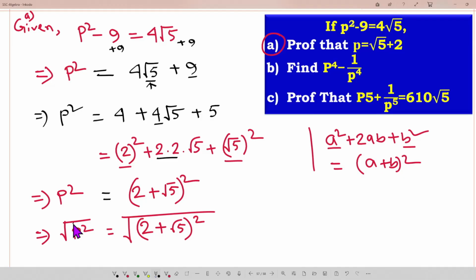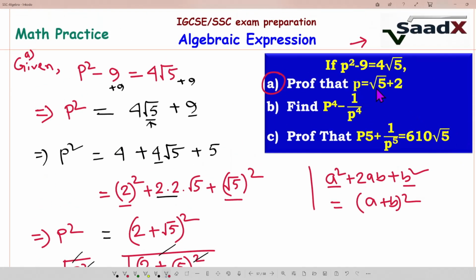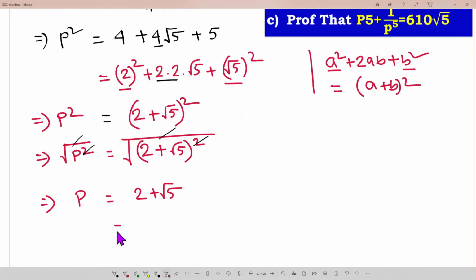Now look, this square root and this square will be out. Therefore we can write p equals 2 plus √5, and it's proved. Our target p equals √5 plus 2, or if we arrange it, √5 plus 2. It's proved.